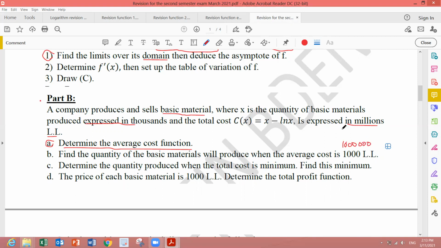How to calculate if the average cost is 1,000 or 1 million? 1 million over 1 million gives 1.